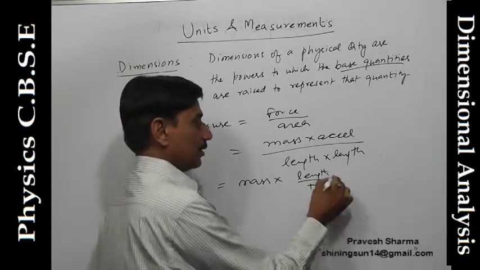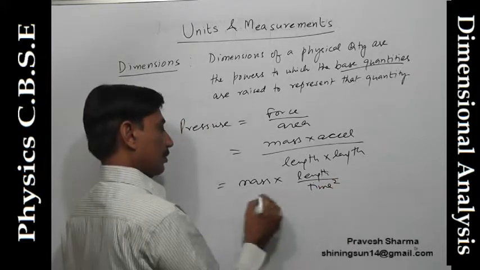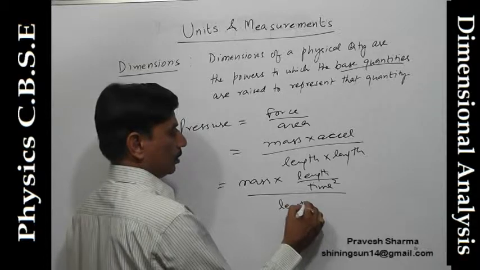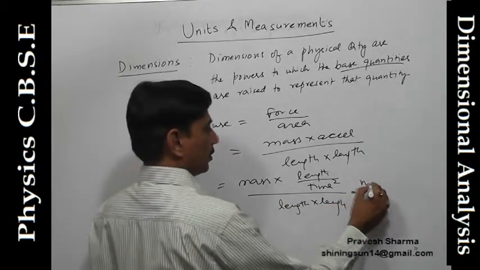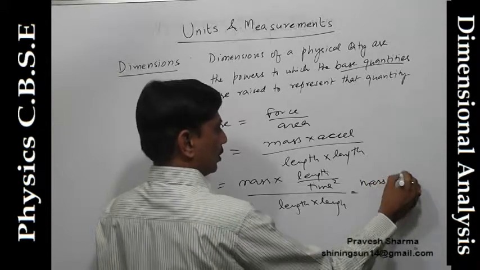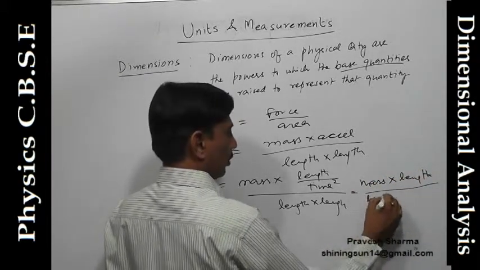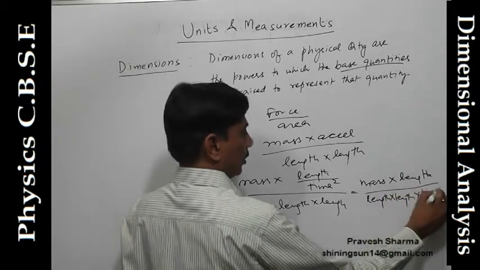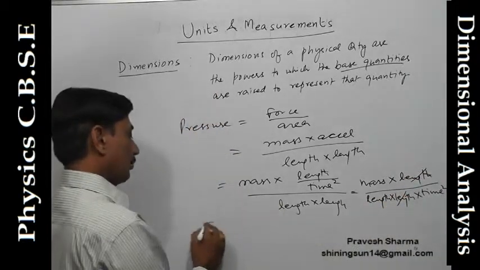You know that is the unit of acceleration, meter per second square, upon length square, length into length. So this is mass into length upon length into length into time square. One length and one length get cancelled.